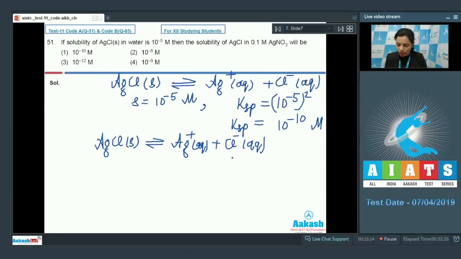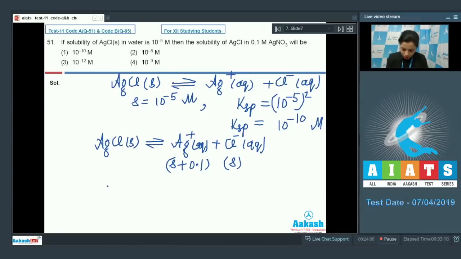Now, if I talk about Cl-, we can assume that solubility is S. But if I talk about Ag+ ion, we can assume S is the solubility, and due to the presence of the common ion, those are coming from AgNO3, the concentration would be S plus 0.1, because we know that when AgNO3 dissociates, there would be the formation of silver ion and those concentration would be 0.1 molar. So in this, I'll just add 0.1.